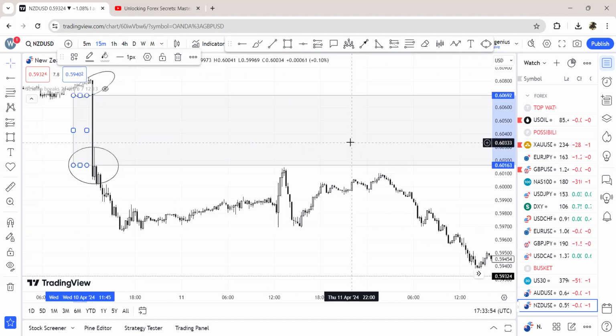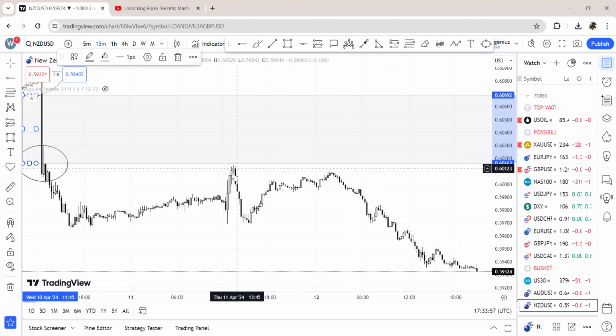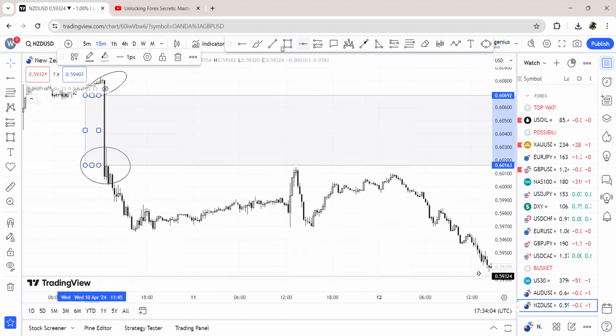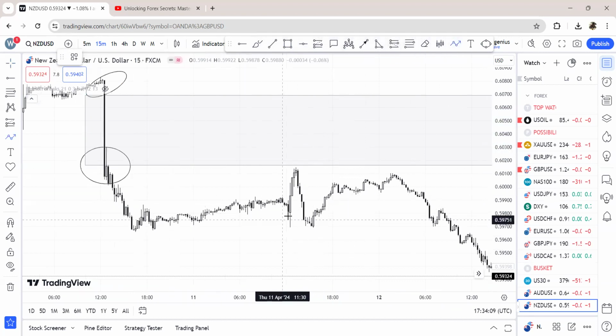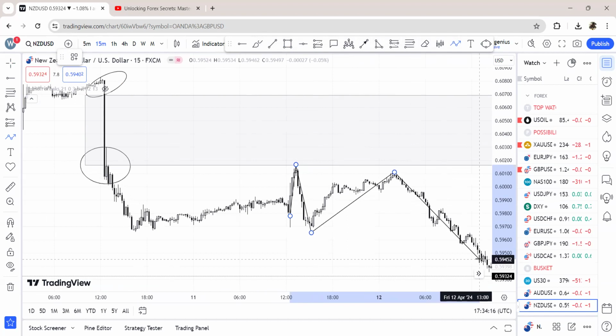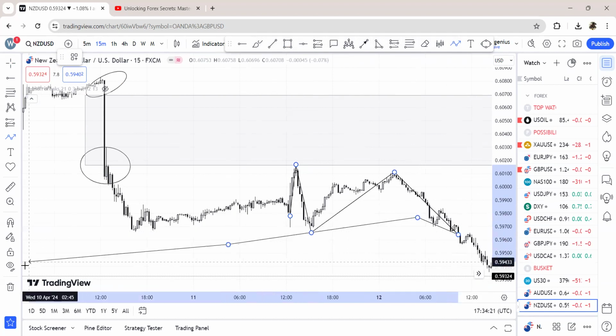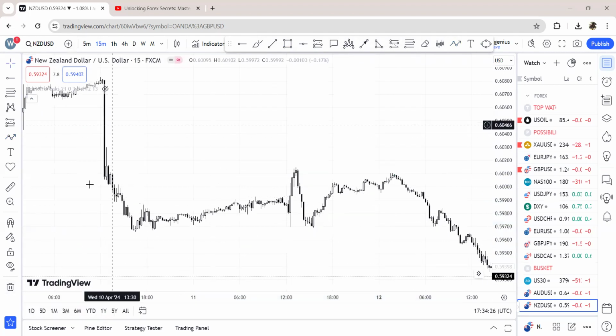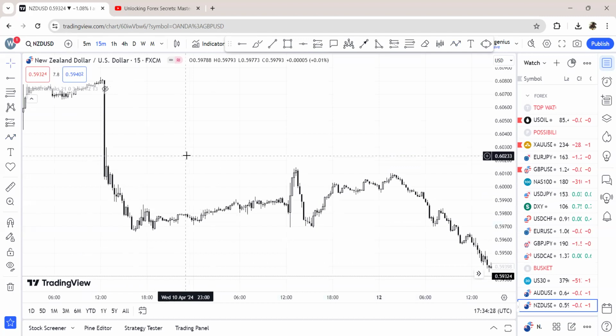So what we expect is the market has to push back to that level before it actually continues going down. We can see that the market pushed from this level, tried to go back into that inefficiency, pushed back again before it actually dropped. So that's what fair value gaps are.